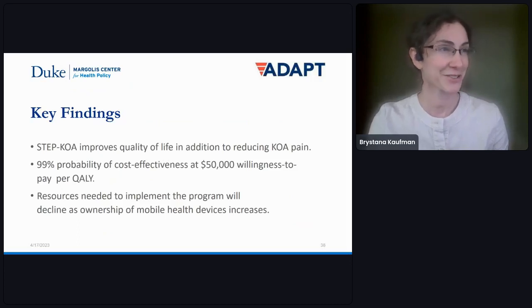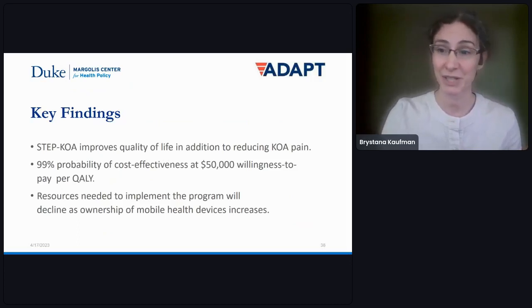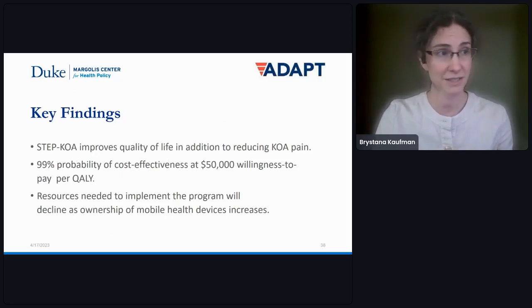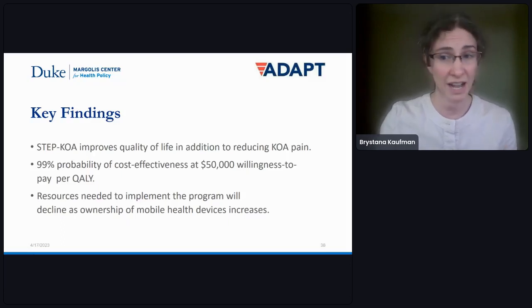So we did find it improves quality of life in addition to the other outcomes, reducing knee osteoarthritis pain. And we found a 99% probability of cost effectiveness using the lowest threshold in the US, so the $50,000 willingness to pay. So this is a very high value program compared to standard of care.